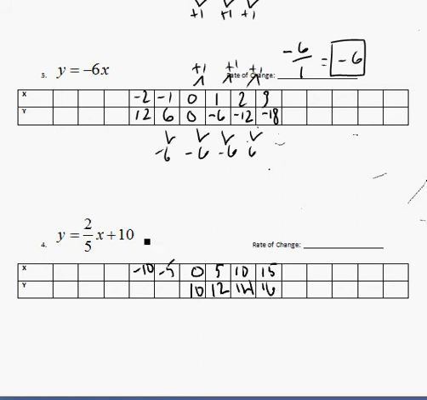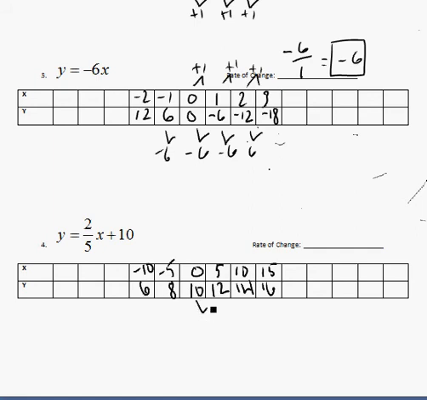When x is negative 5, 2/5 times negative 5 is negative 2, negative 2 plus 10 is 8. And when x equals negative 10, 2/5 times negative 10 would be negative 4. Negative 4 plus 10 would be 6.